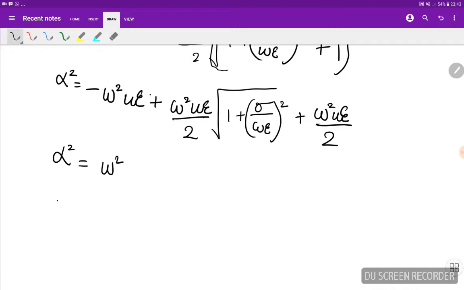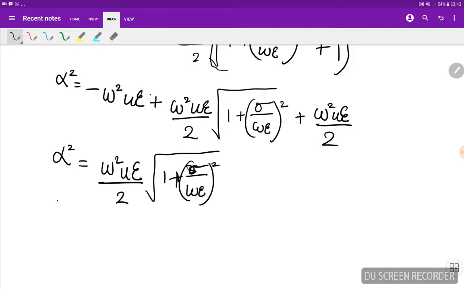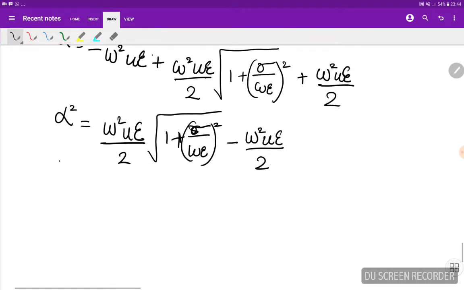We got ω² με over 2 times square root of 1 plus conductivity over ωε squared, minus ω² με over 2. Now we can factorize ω² με over 2.